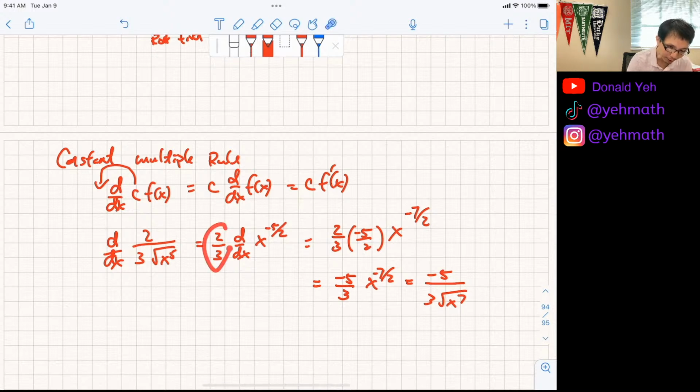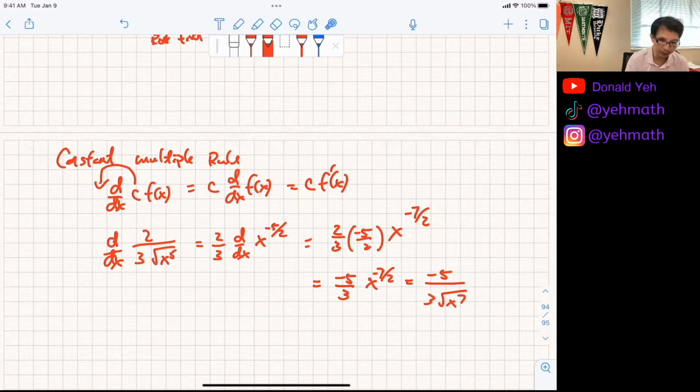I'll take out 2 over 3 in the front. And this moves to the top so I can take a derivative. How do I move it to the top? This one's x to the 5 over 2, right? If I move it to the top, it's going to be x to the negative 5 over 2. Does that make sense? Yeah. Then I take a derivative, take this in the front, and x to the subtract 1.